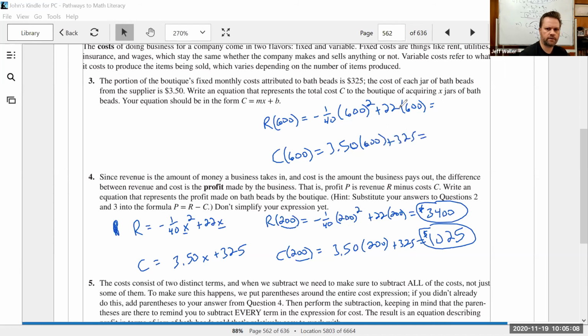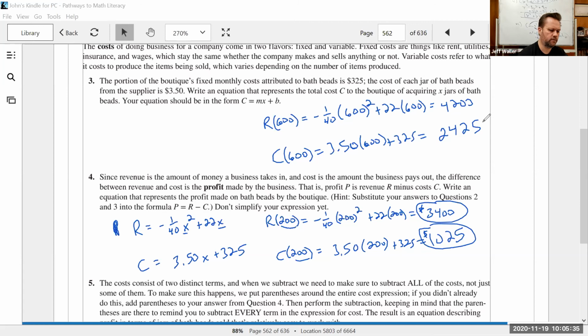So for 600 jars, my revenue is 4,200, but my cost is 2,425. Have I got that right?